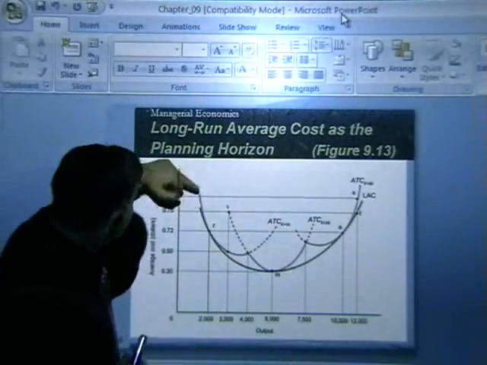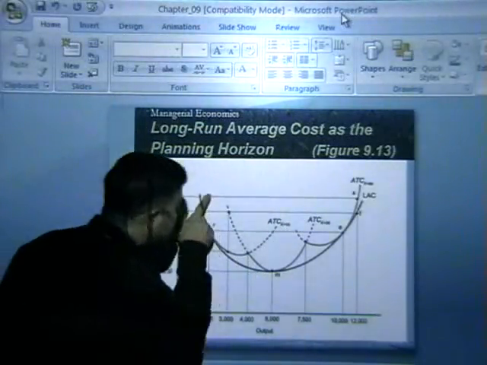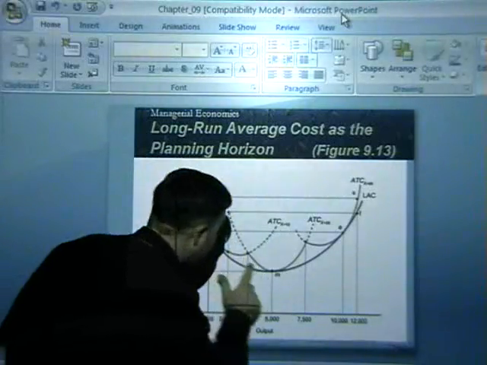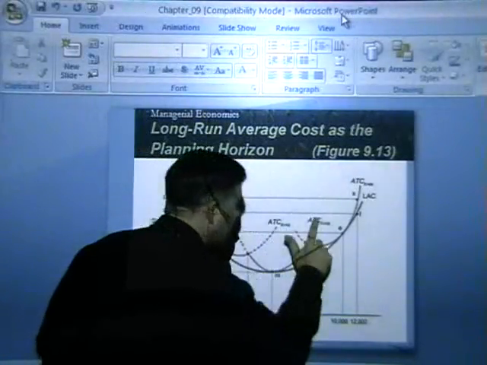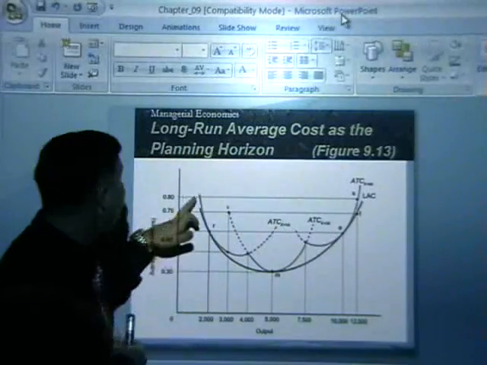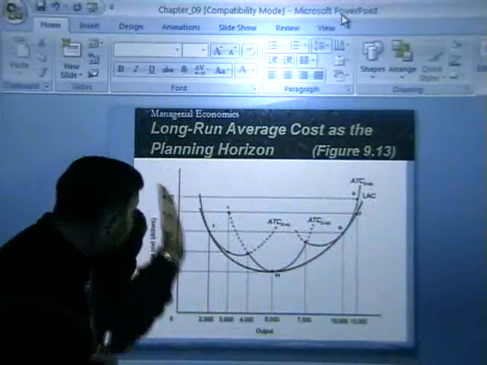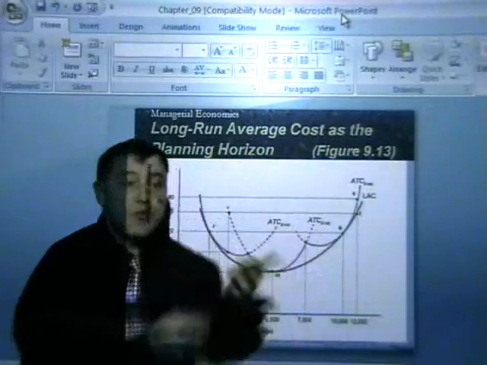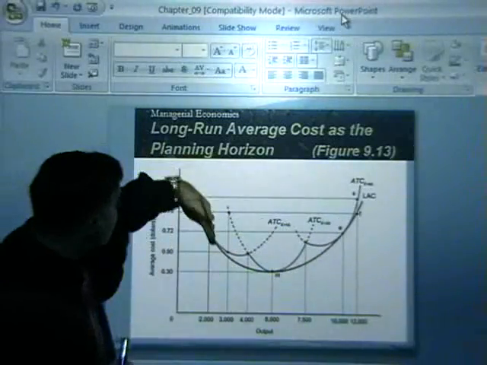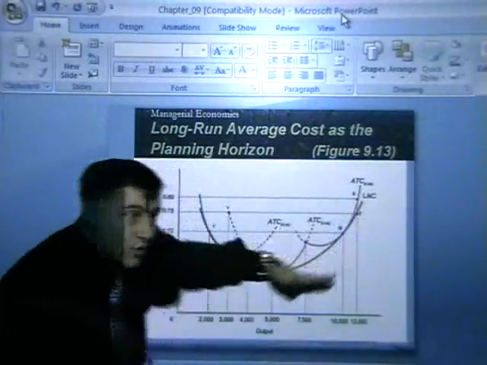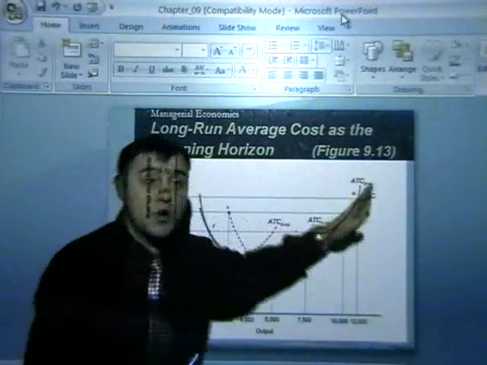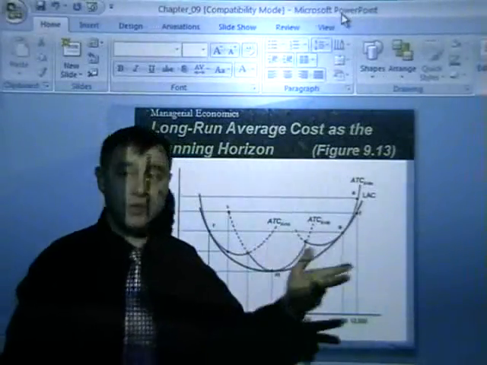So, you've got to understand, there's a second curve right next to it, and a third curve, and a fourth curve, and a fifth curve, and a sixth curve. In other words, if you have capital from 1 to 100, you're going to have 100 little curves, and they're going to be right next to each other. And this curve, which sits right outside, touching at least one of them, we call the envelope.